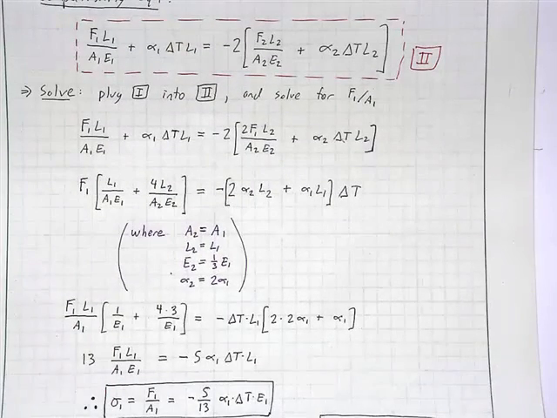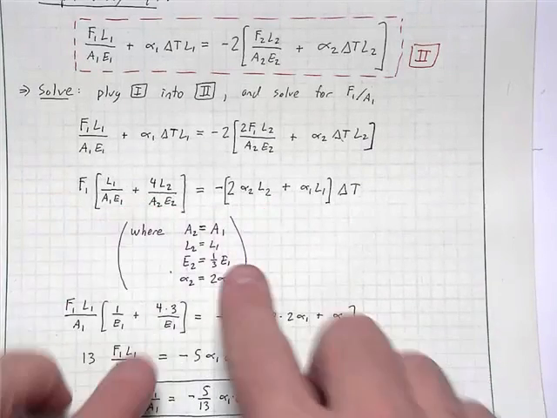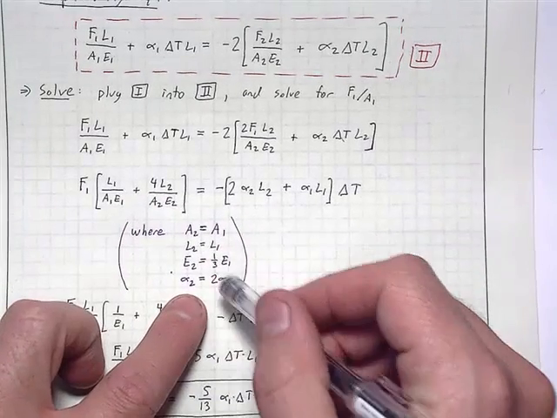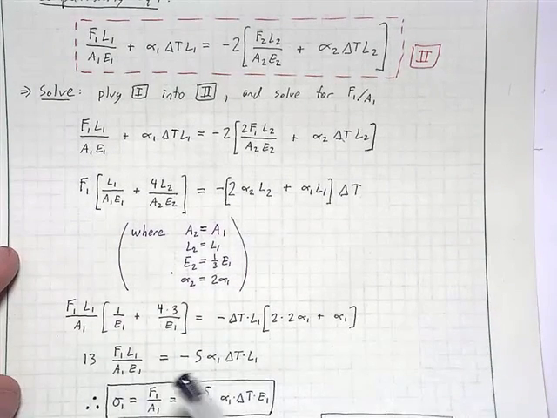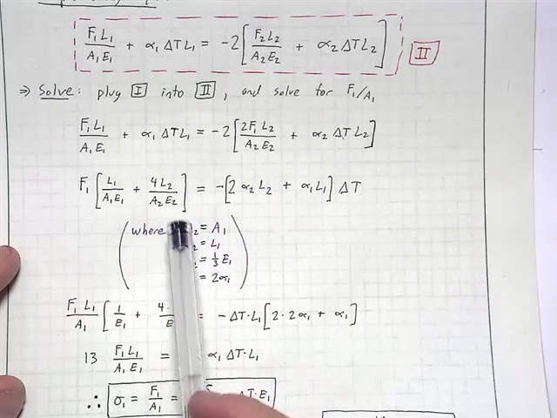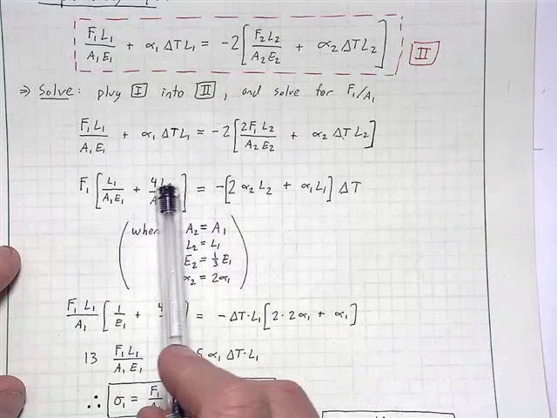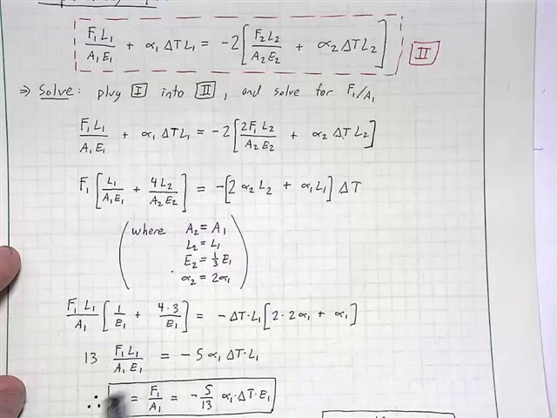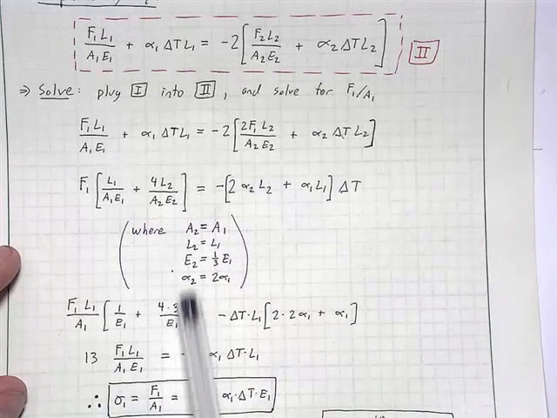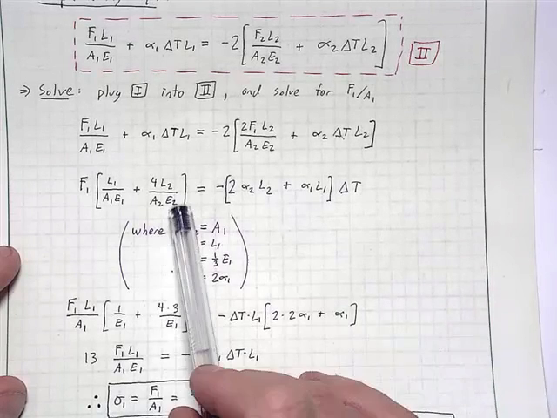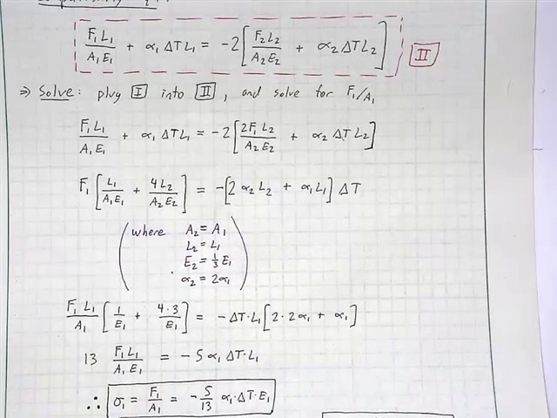Basically, I want to replace all the 2 subscripts with 1 subscripts, multiplied by the proper factor where needed. L2 was just L1, so we replace L2 with L1 and pull it out front. E2 is 1/3 of E1, so that's why we see a 3 over E1. The areas are the same, so we just pull out A1.